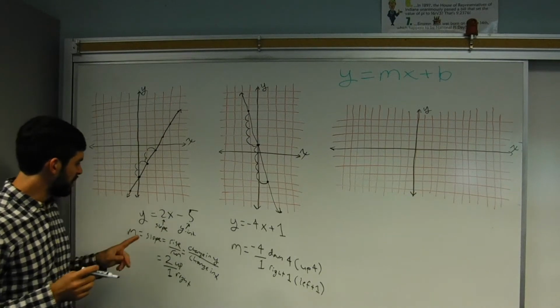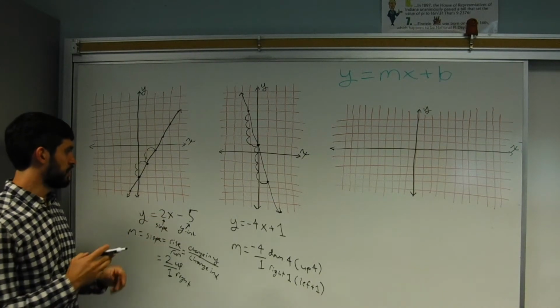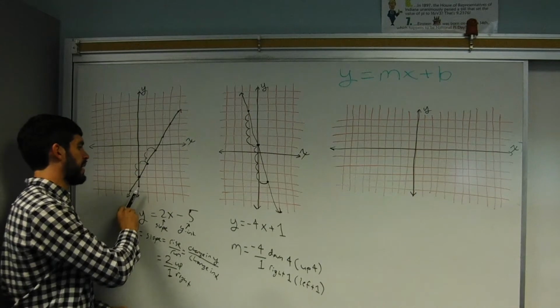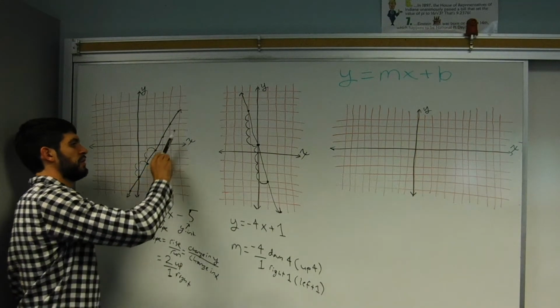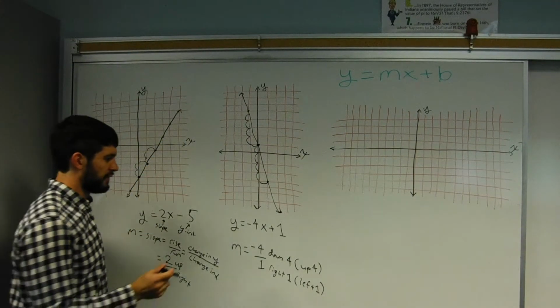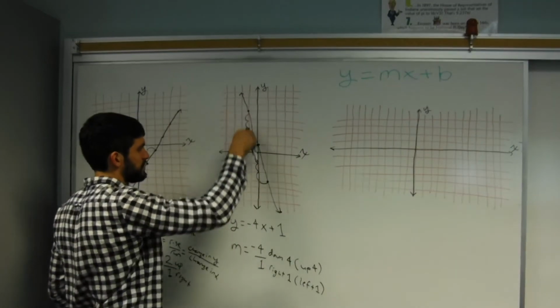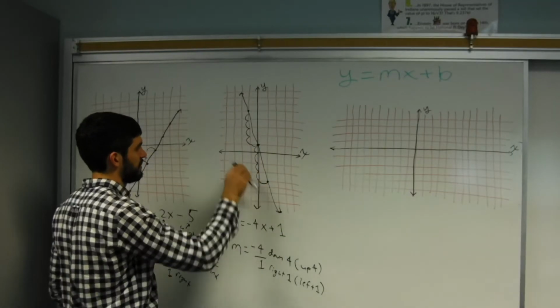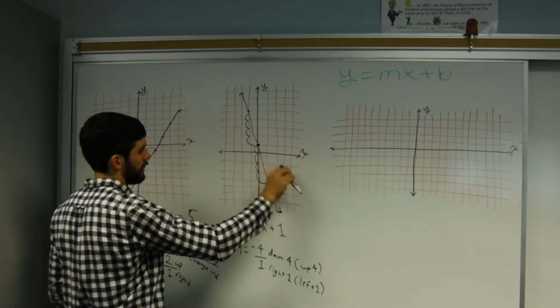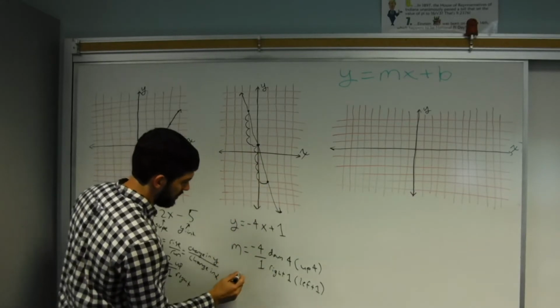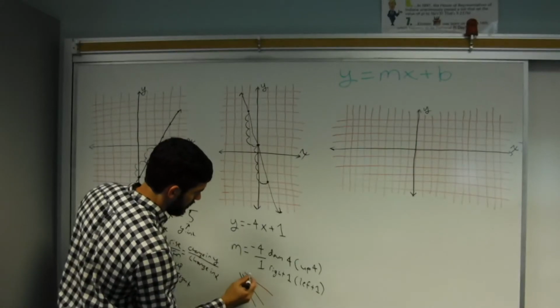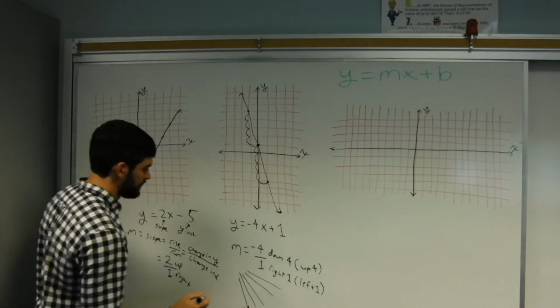Additionally, you notice if a line has a positive slope, it's always going to be going up and to the right with positive x. And if a line has a negative slope, it should always be going down and to the right. So it might be a shallower angle, but it's always going to be going down in that direction.